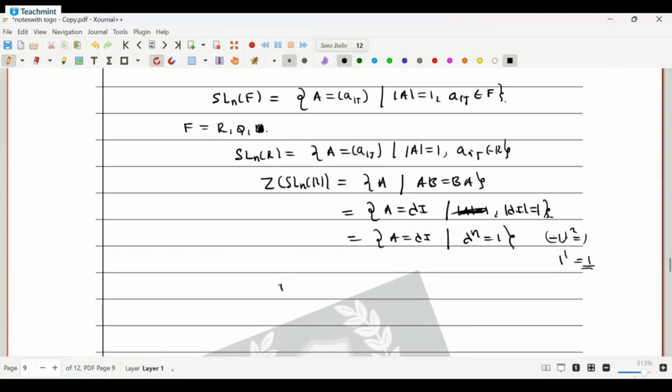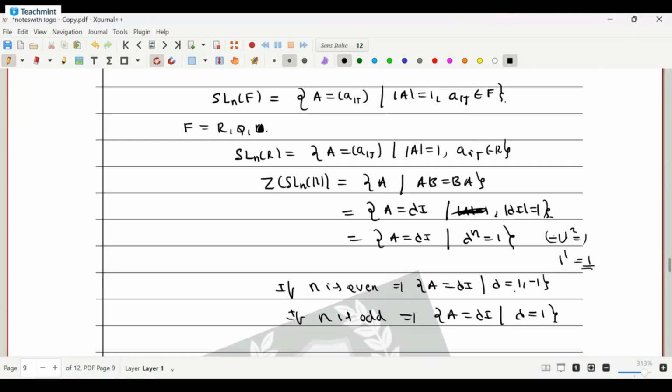So that means if n is an even number, then A is equal to lambda I such that lambda has two solutions, those are 1 and minus 1. If n is an odd number, only one real solution exists, lambda is equal to 1.